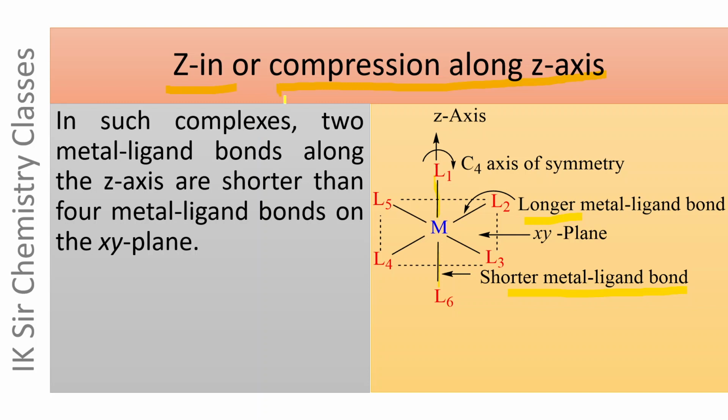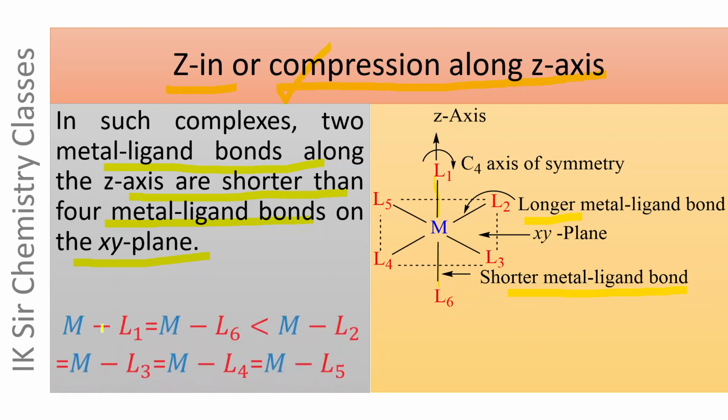In such tetragonally distorted complexes, two metal ligand bonds along the z-axis are shorter, compressed, than the four metal ligand bonds situated on the xy plane.